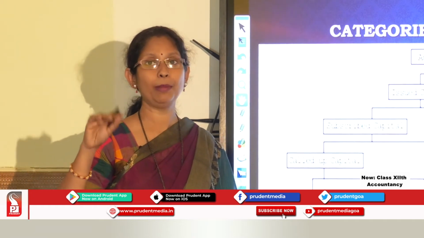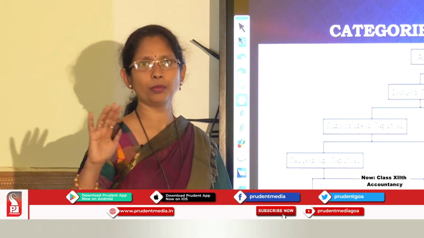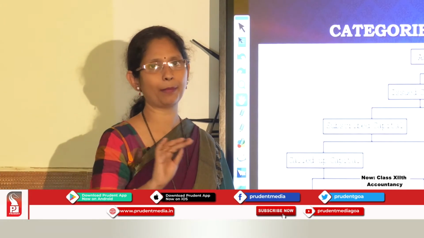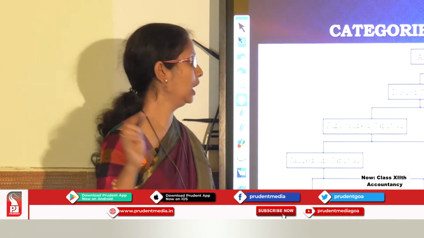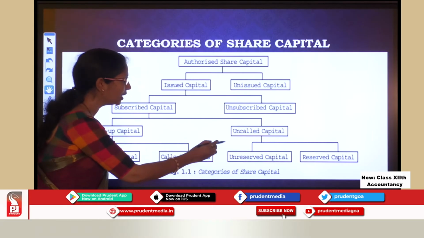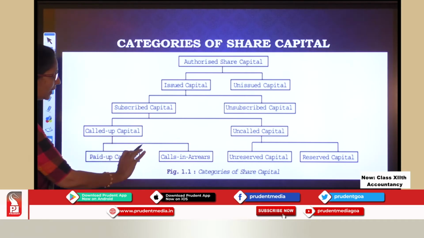That means it will be called only in case of winding up. If there is no problem of winding up, this capital will not be called. So it will remain as uncalled capital. Whereas unreserved capital is the part of uncalled capital which the company might call any time as and when they need the amount. Okay. So this is clear to you.